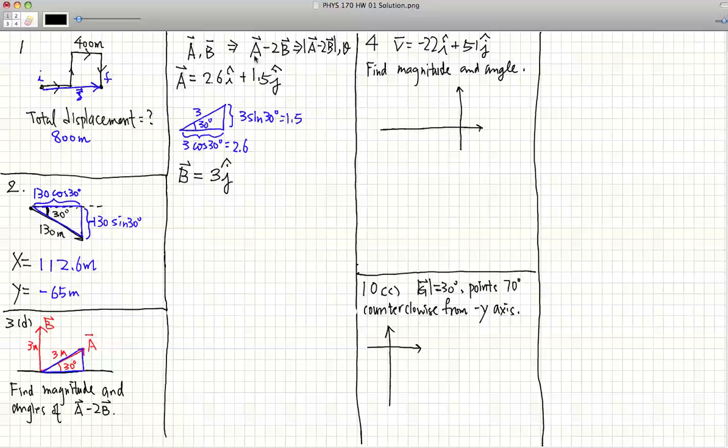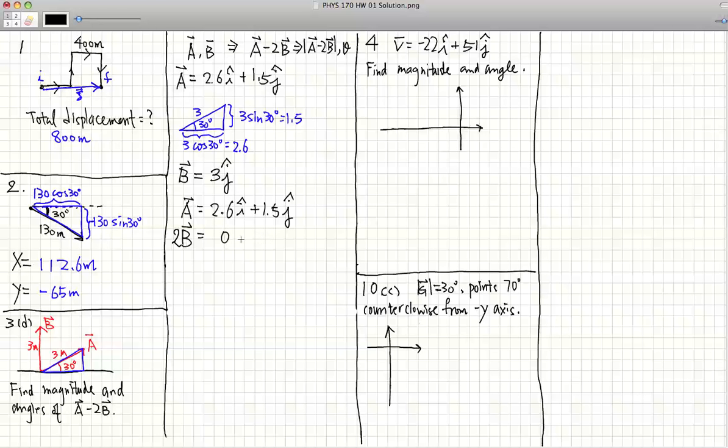Once you have that, we have finished the first step in our strategy. Next you want to identify A minus 2B, so you can write them side by side. A is 2.6i plus 1.5j. Since I'm subtracting 2B from A, I'm going to take B and multiply by 2.